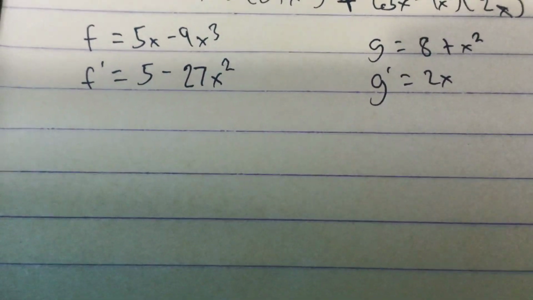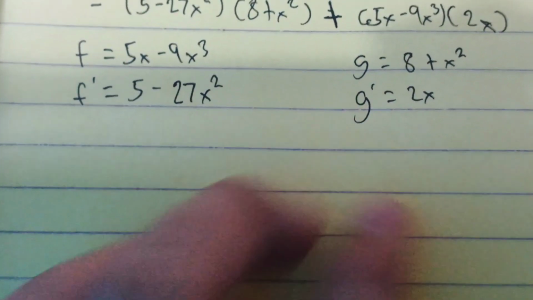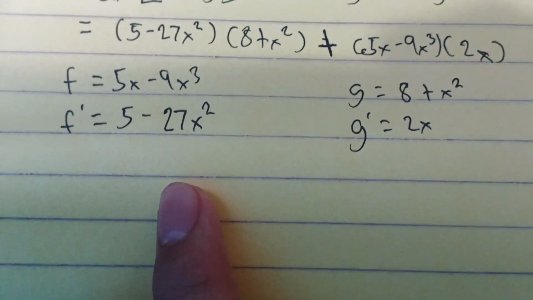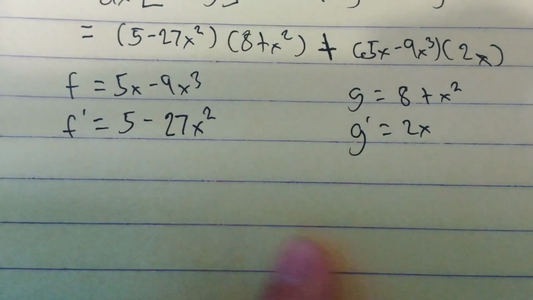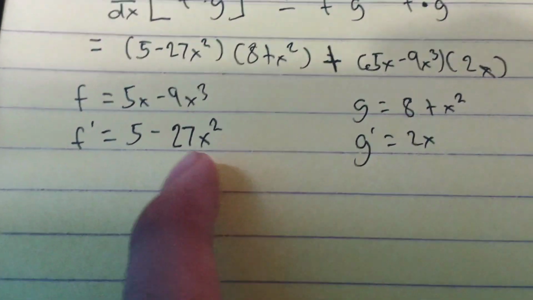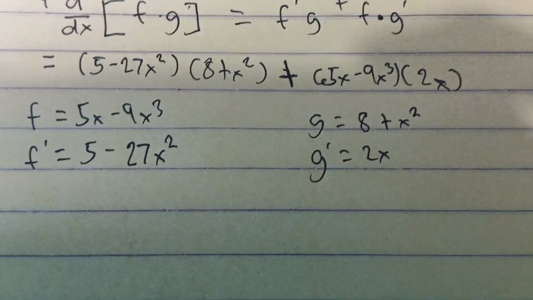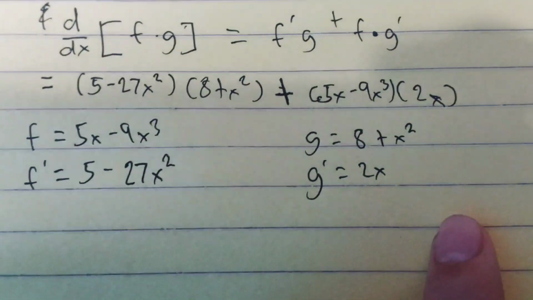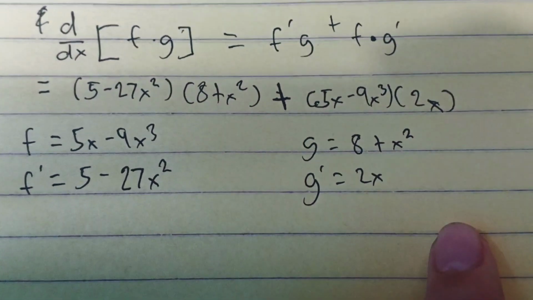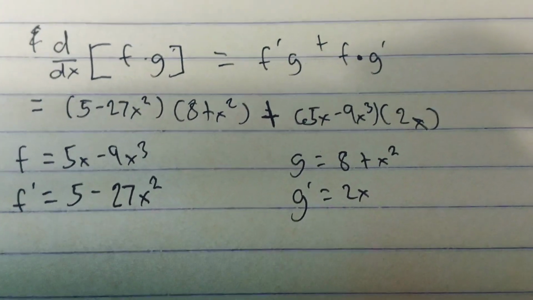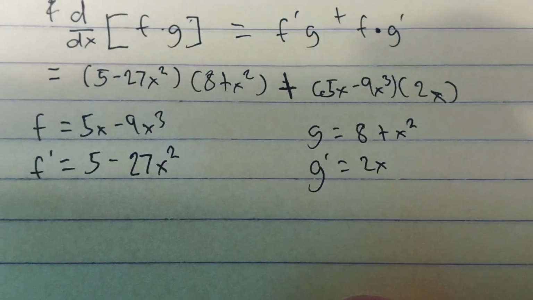So the derivative of 5x is 5. Then the derivative of 9x cubed will be 9 times 3, which is 27x squared. And then the derivative of 8 is 0 since it's a constant.